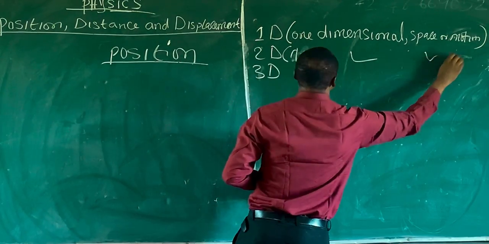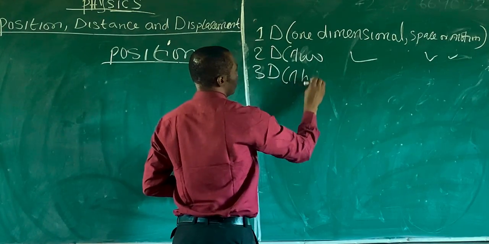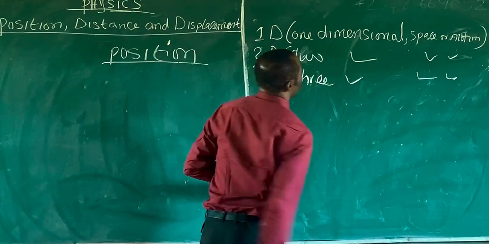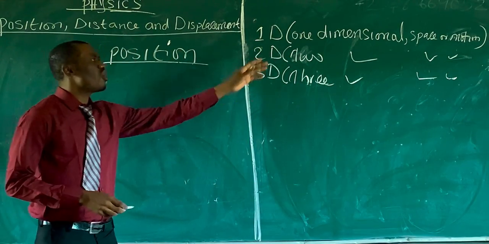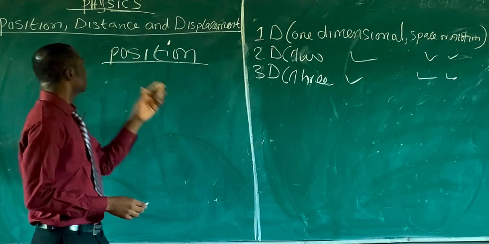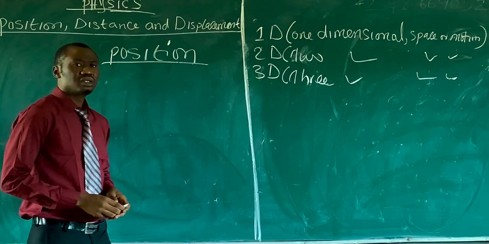When you talk about 3D, that is three-dimensional space or motion. Whichever of these can be used as a method to find position, to find distance, to find displacement.